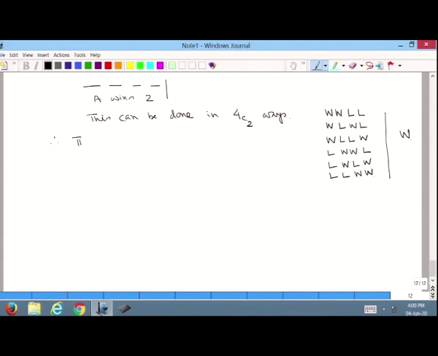Therefore, the probability is 6 into 0.4 whole square into 0.6 whole square into 0.4 is equal to 0.4 whole cube multiplied by 6 into 0.6 whole square.